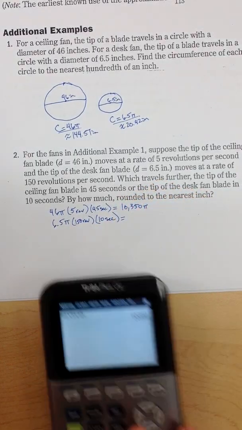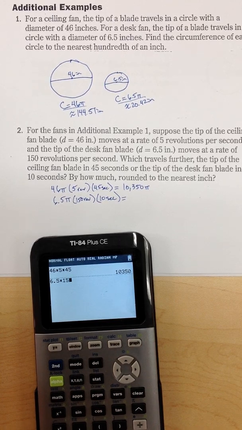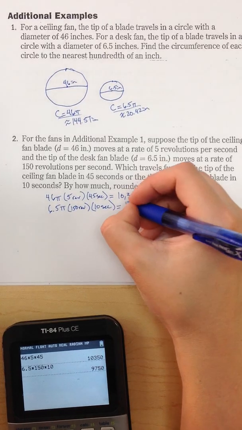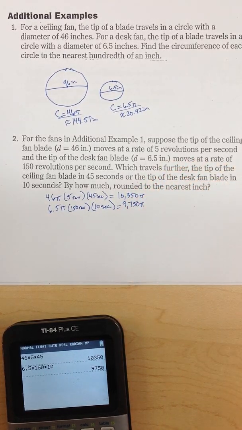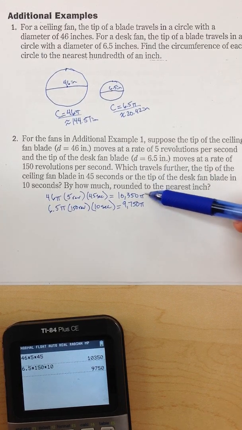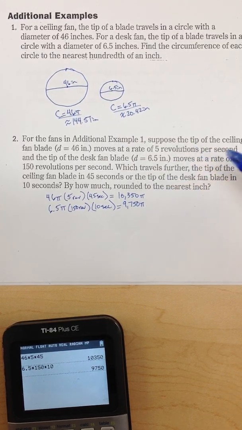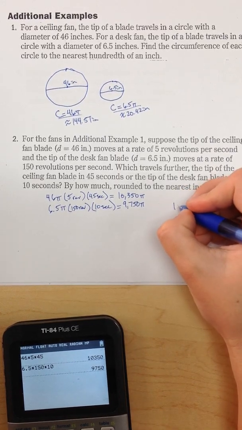Okay, so if I do that out, that would be 6.5 times 150 times 10, which would give me 9,750, and again, just stick the pi with it. Then what you can do, because it wants to figure out how much farther this one is going to go than this one, what I could do to figure out how much further it is is subtract those values.